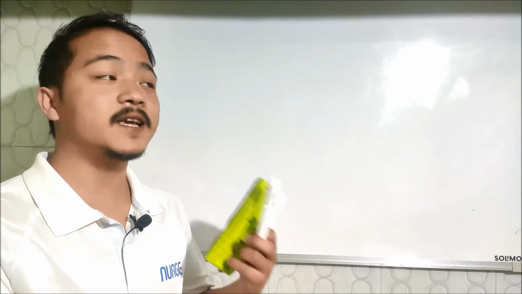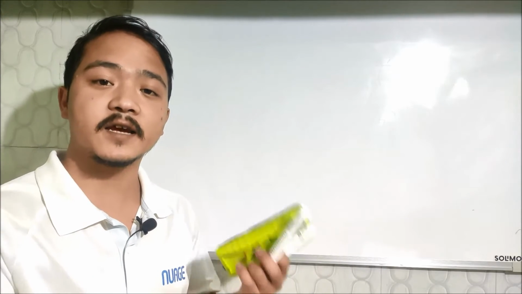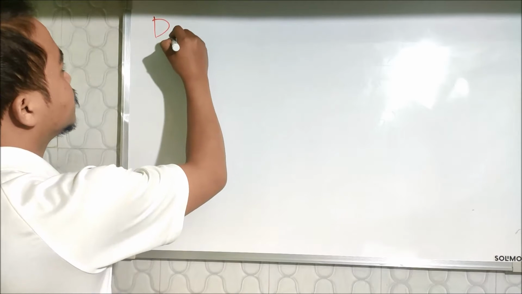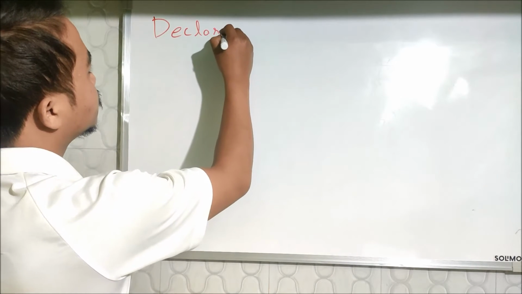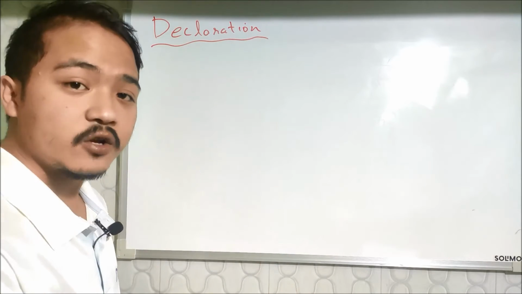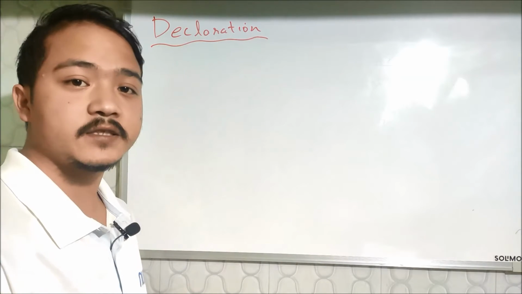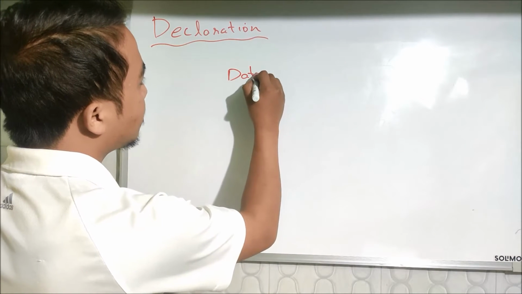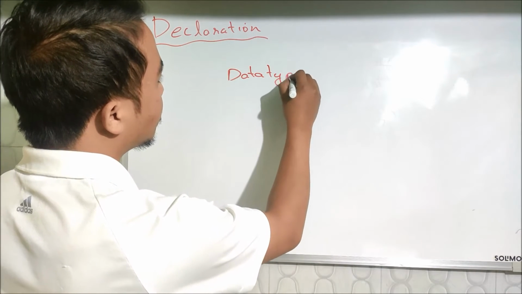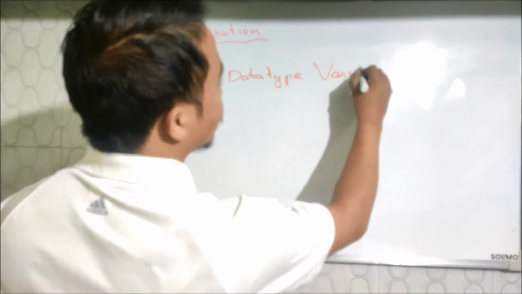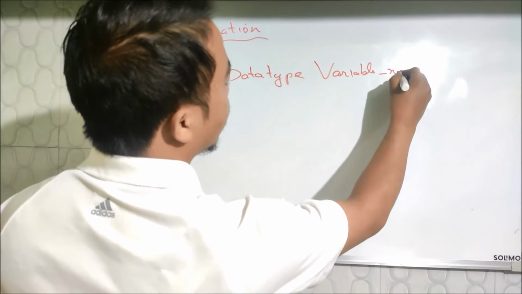Now let's discuss declaring a variable or declaring a constant. Declaration. We write here declaration. Like we have discussed, how will you declare variables? First you have to write a data type and a variable name.